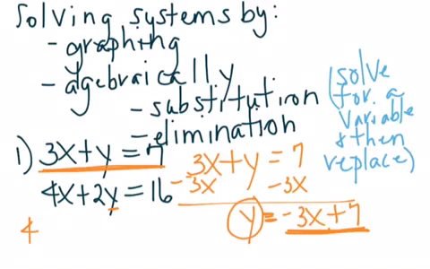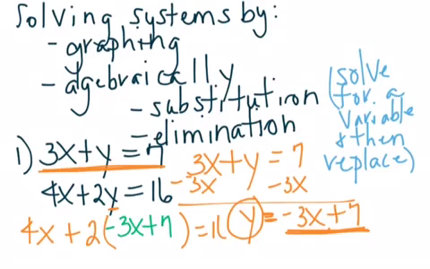So that would be 4x plus 2, but instead of y, we're going to do negative 3x plus 7 equals 16.